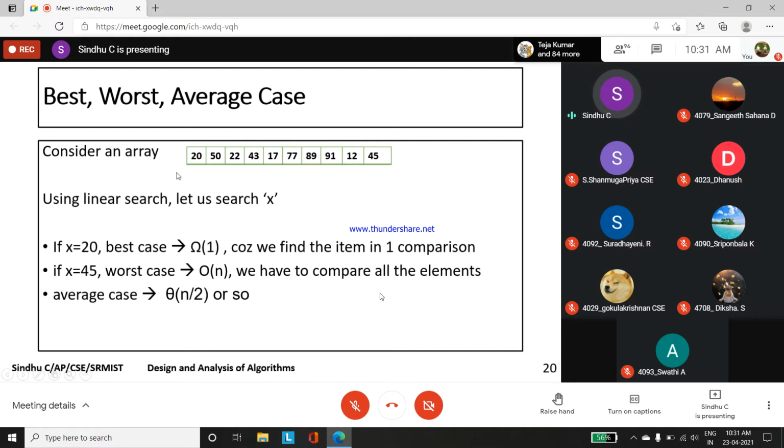So every individual element will be searched until we find that element. Here, if X is 45, I'll find that element when I reach the very last entity, right? So that is the worst case. Average case is somewhere in between, right? So this is the case of a linear search with respect to best, worst, and average case.